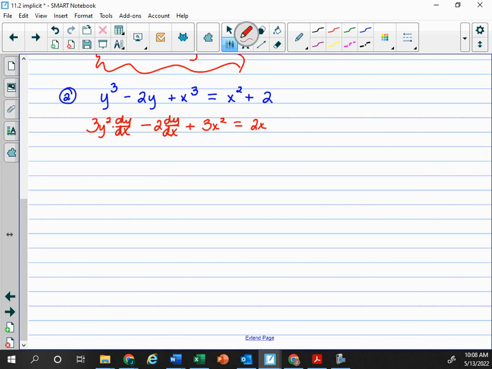So at this point, that's all the new stuff. Everything from this step on is algebra. What are we solving for? Okay, so I want to keep those terms on one side, so I'm going to rewrite it. We'll get to a point where you can skip some steps, but I want to make sure I show you everything right now. So 3y squared dy dx minus 2 dy dx equals negative 3x squared plus 2x.